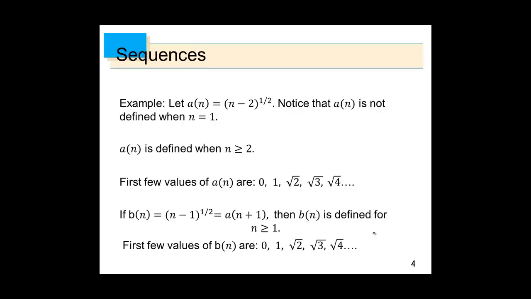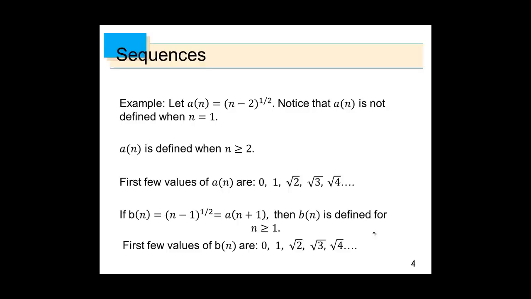Look at A of n. A of n is n minus 2 to the half, right? If you replace n by n plus 1, you get n minus 1, right? So that's what I'm taking B of n to be, right?